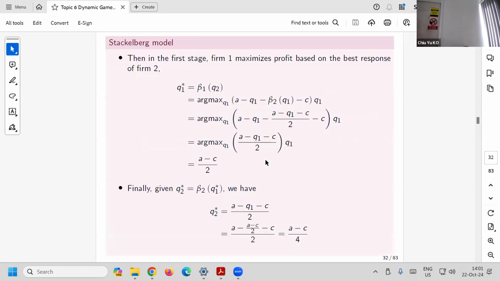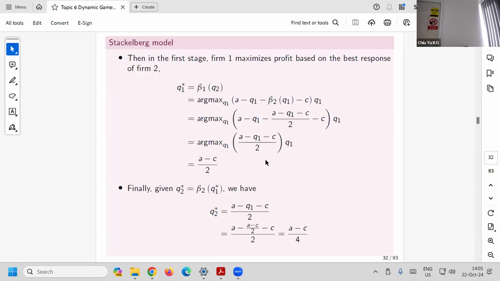That's how you solve it. So you will solve the optimal choice of firm 1 by substituting backward induction. You substitute what firm 2 would do, which is this guy, and you solve it out. This will be the solution.